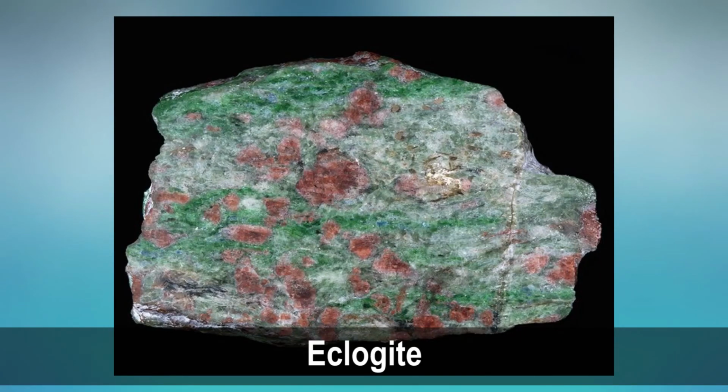Eclogites, a dense but rare rock of basaltic composition whose crystallization at very high pressure and temperature gave rise to an assemblage of omphacite, a solid solution of diopside and jadeite mainly, and Mg-rich garnet with no plagioclase. Common accessory minerals are quartz, kyanite, amphibole, zoisite, and rutile.